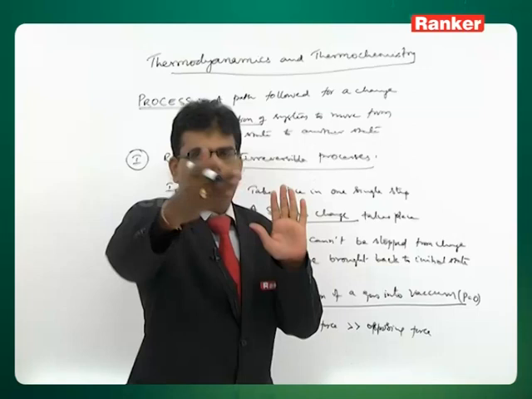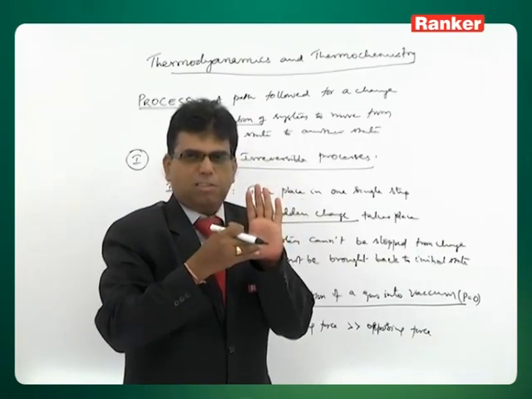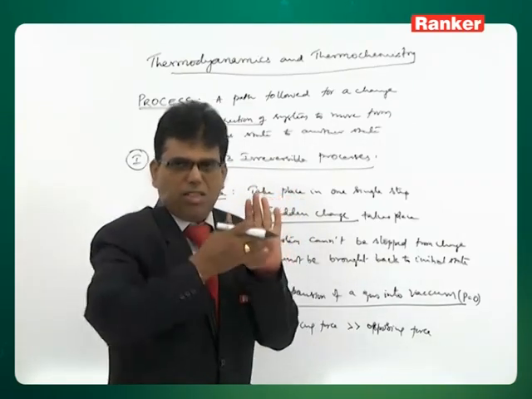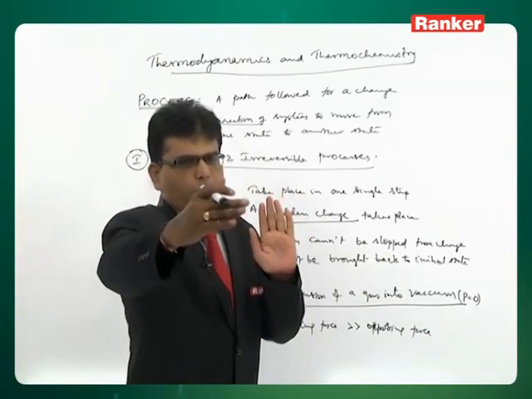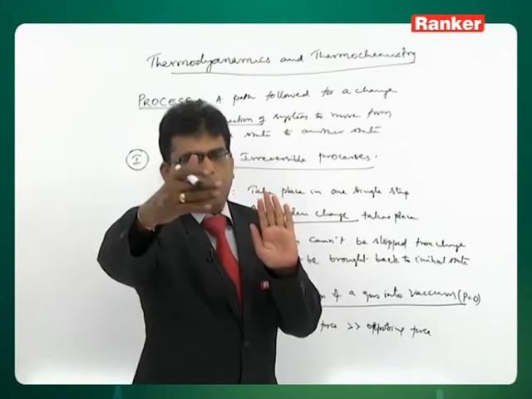The opposing force is not acting on it, only the driving force is acting on it. So, as only the driving force is acting and no opposing force is acting on it, the system cannot be reverted back.